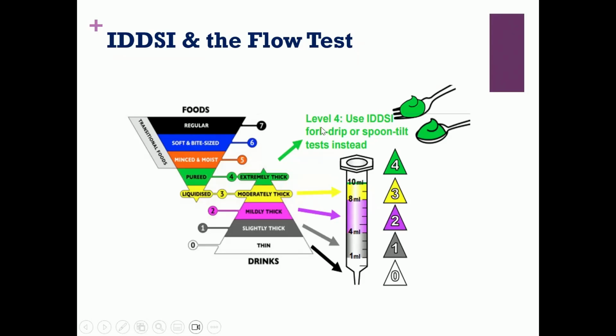And then there is also, for IDDSI level 4, the fork drip or spoon tilt test. So I'll start with that one.